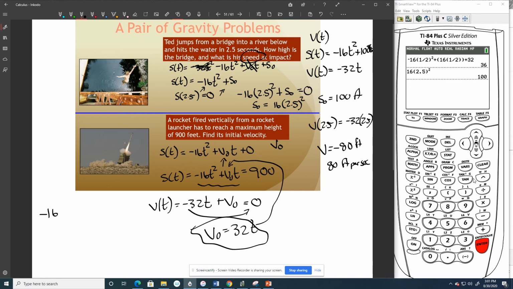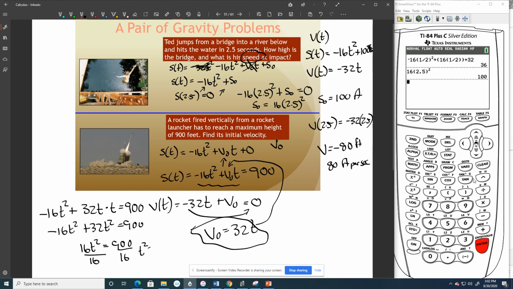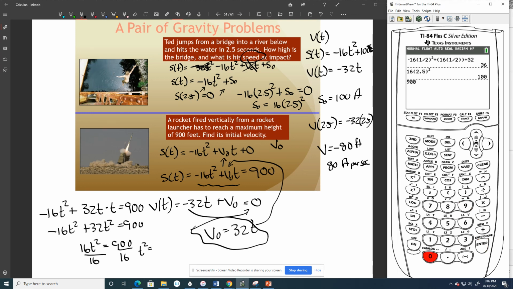So negative 16t squared plus 32t times t, don't forget that other t, equals 900. Well, negative 16t squared plus 32t squared equals 900. So negative 16 plus 32 is just 16t squared equals 900. If I divide by 16, then my time squared is going to equal 900 divided by 16.